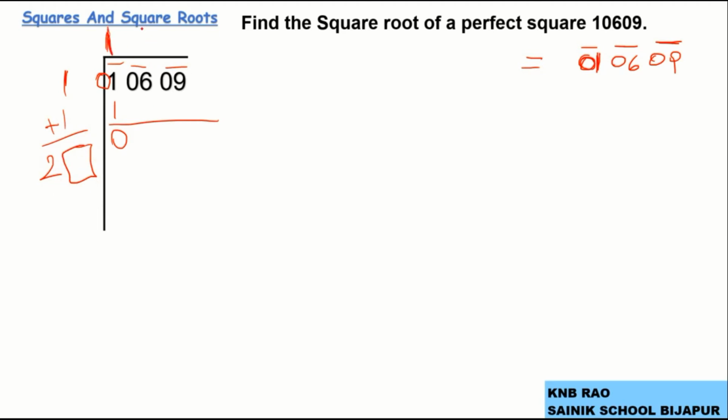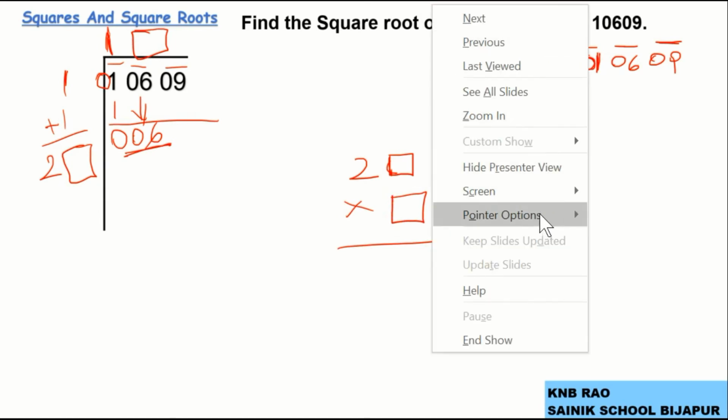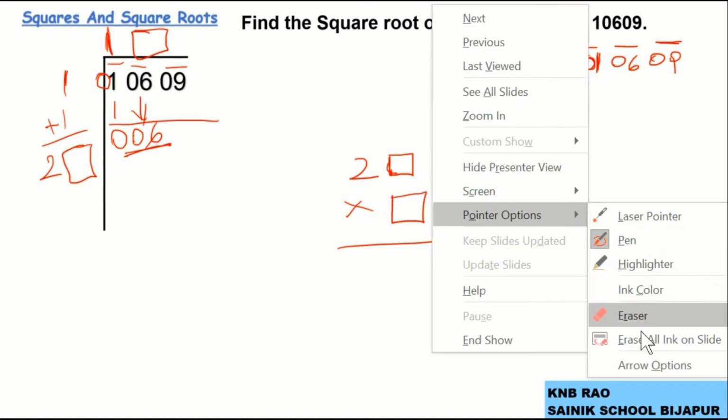And here once I have taken down 6, so here the number is 6. Now students, here your brain should tell us this. What must be the digit here to be chosen? Let me change the color here.